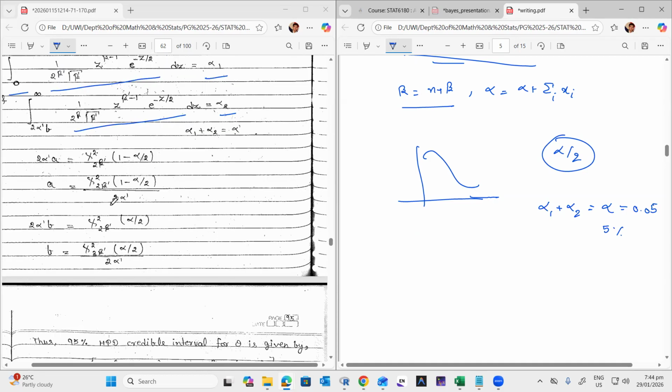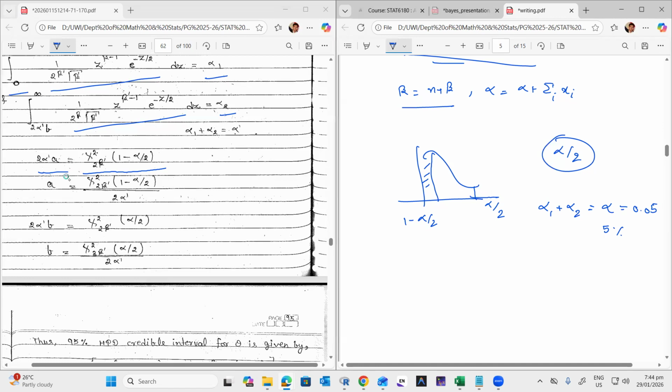So in that case, 2 alpha dash a will follow the chi-square distribution with 2 beta dash and 1 minus alpha by 2, right? Because when you find out the confidence interval, this part is always 1 minus alpha by 2 and this part is always alpha by 2. So we say 2 alpha dash a follows the chi-square distribution with degree of freedom 2 beta dash, 1 minus alpha by 2.